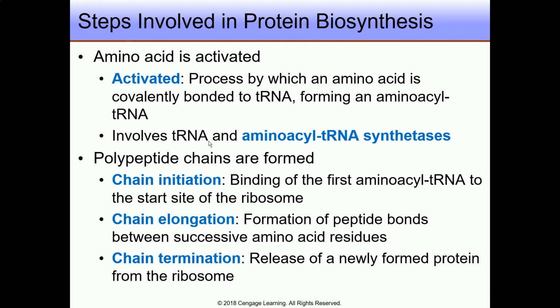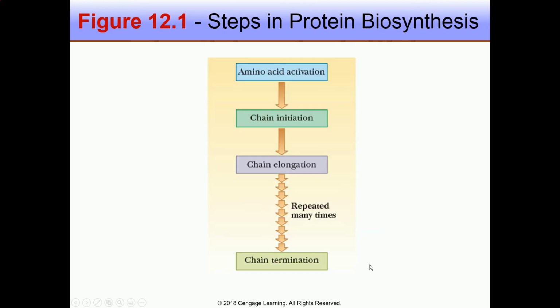When the amino acid binds to the transfer RNA, then that transfer RNA becomes charged, and that charging of the transfer RNA takes place with the help of the enzyme called aminoacyl tRNA synthetase. As I said, the process of translation involves three steps: chain initiation, elongation, and termination.